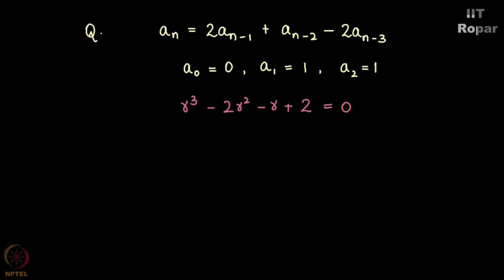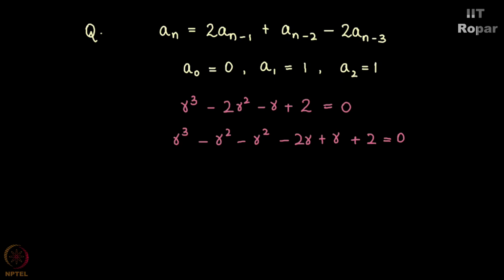Now, let me write this as r cube minus r square minus 2r square plus r plus 2. I'm just expanding minus 2r square and I'm writing minus r as minus 2r plus r. So this is how I'm writing the characteristic equation.